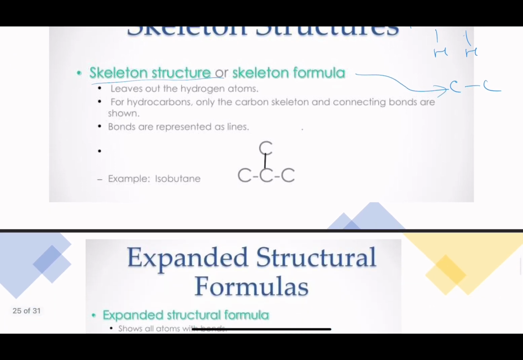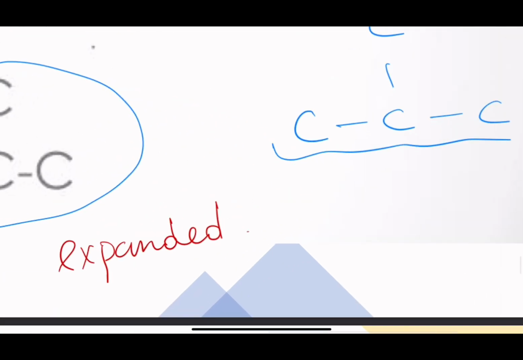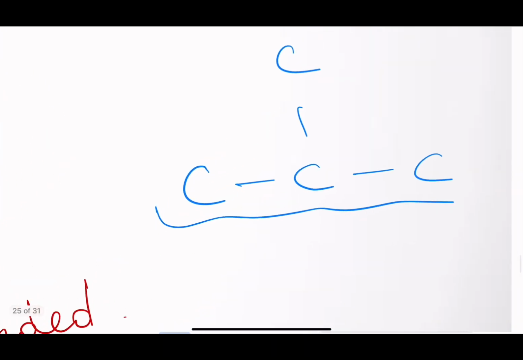Now there is one compound shown here. We have carbon, carbon, carbon, and carbon. This is the skeleton formula. Let's write the expanded form of this. Expanded is going to be like this. I said that carbon needs to have a valency of 4, right?